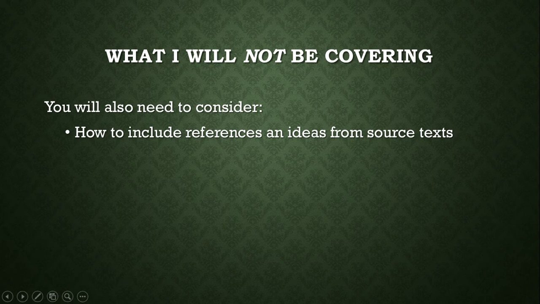You're going to need to think about in your speech how you're going to use the ideas from the source text, perhaps even some of the language from the source text. Will you be quoting explicitly, or will you be using the language implicitly? Will you be adopting similar styles to the speaker of your source text?